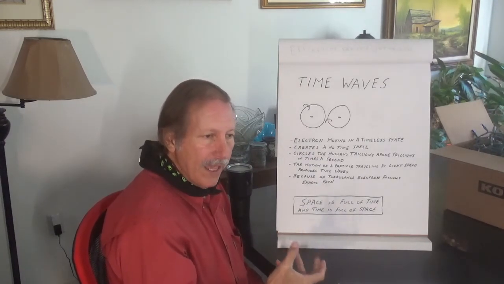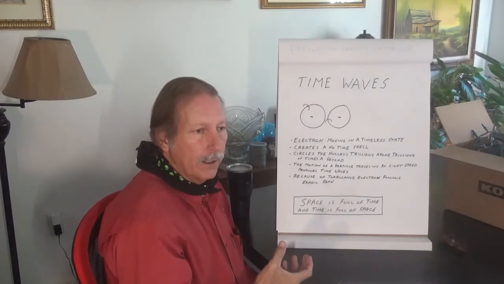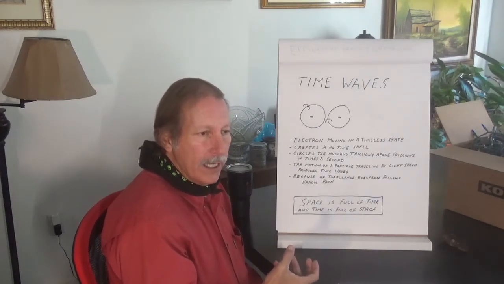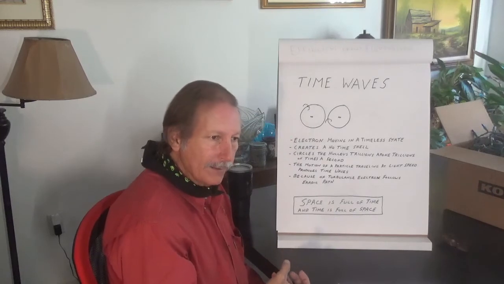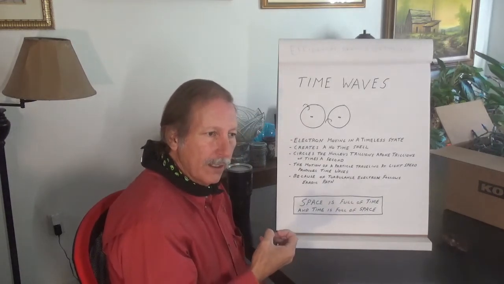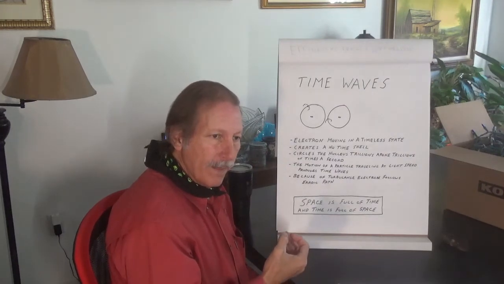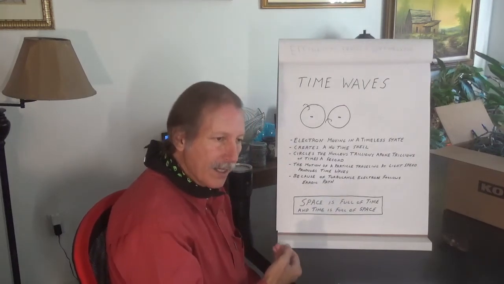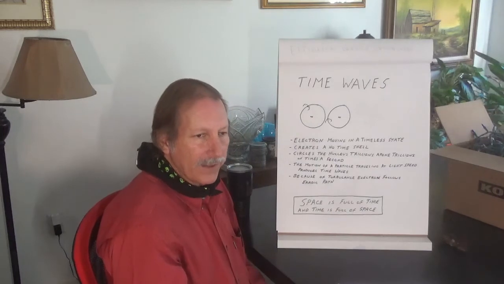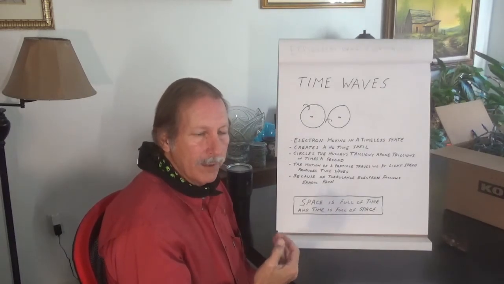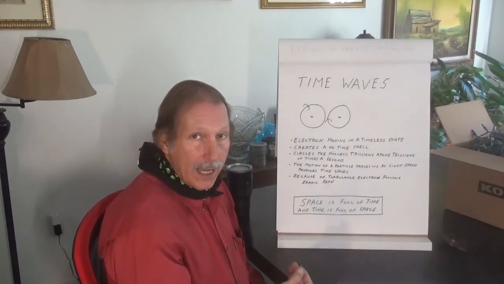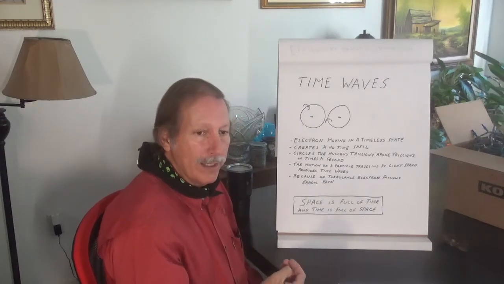And that no-time shell is generally impenetrable by mass because of the fundamental nature of electron to electron contact, and the fact that the two things that are coming in contact are in a timeless state, making time waves that inhibit motion.